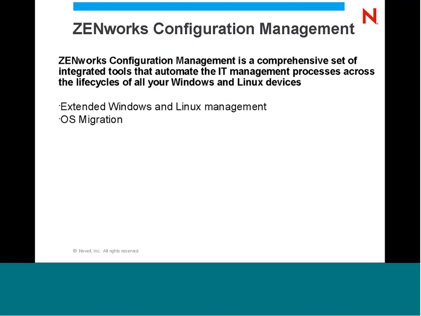This solution includes everything that you need to do your operating system imaging. If you want to move a machine from XP to XP, or take an XP to Windows 7, or Windows 7 to Windows 7, if you want to image your Red Hat or your SLED desktops and your SLED servers, the solution also has all of those pieces necessary where you can do the imaging that you require.